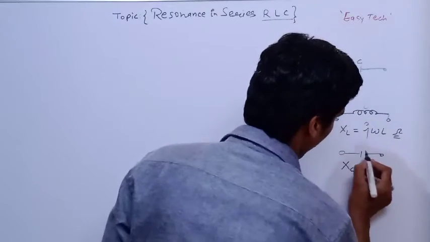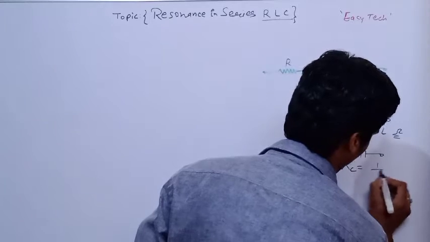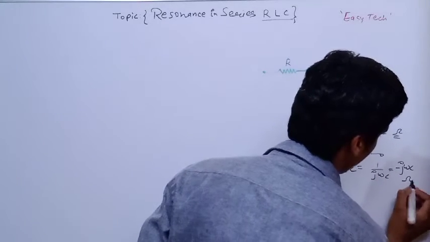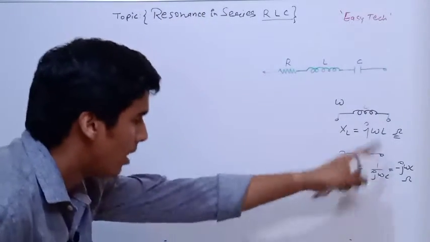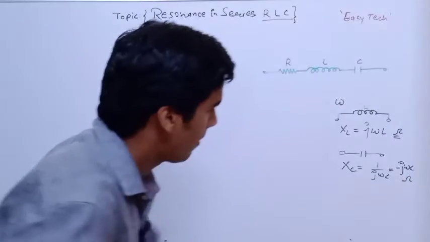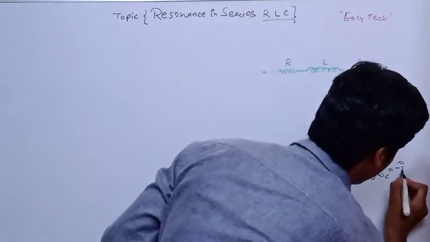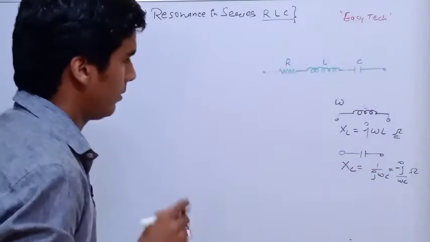And what is the value of the capacitive impedance? It will be 1 upon j omega C. If we take j above, it becomes minus j upon omega C, and the unit is also ohm.